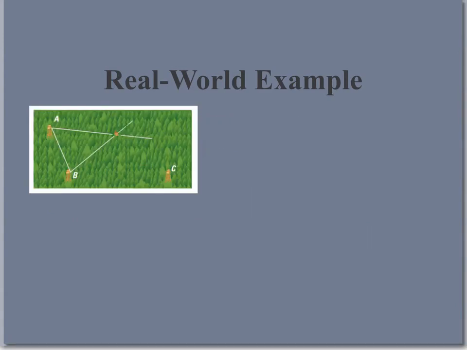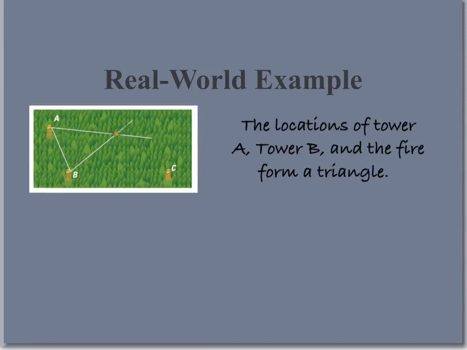So there's your picture. Okay? You can see we've got Tower A, and we've got Tower B. And then we've got a fire going on right here. Big time fire. Okay? We've got to figure out where that fire is so we can tell the dispatcher where to send the trucks. Okay?